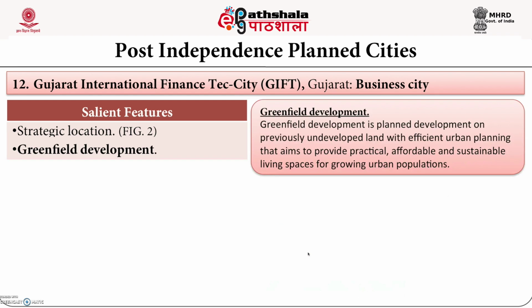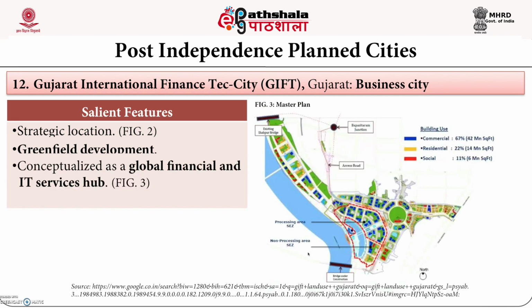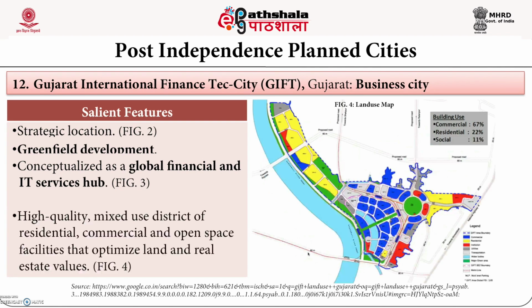The city was conceived as a global financial and IT services hub, and if you see the master plan, it is a high quality mixed use district of residential, commercial, and open space facilities that optimize land and real estate values.